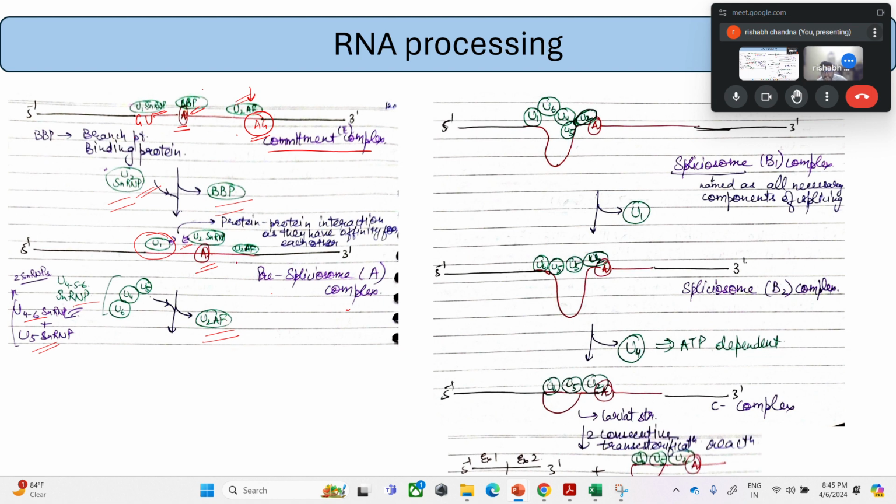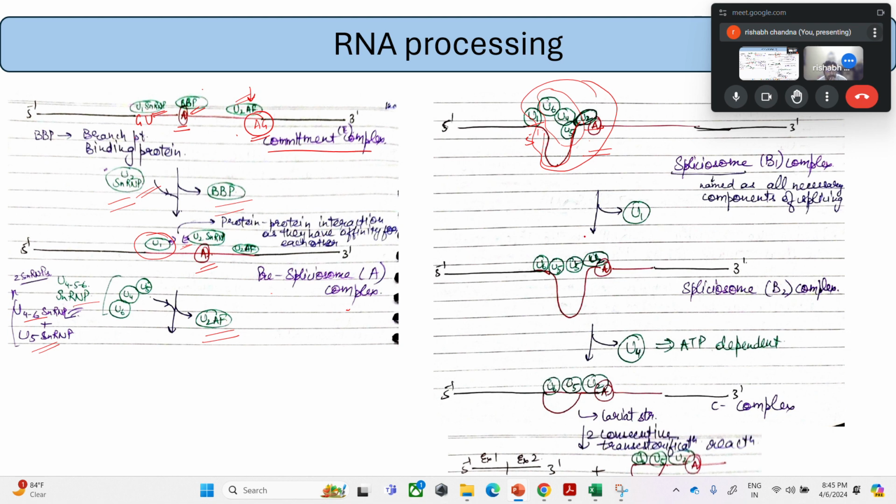Now these three snRNPs that were recruited combine with U1 and U2 snRNP and form a branch between the 5 prime splice site and the branch point. This is called the spliceosome complex when all the snRNPs are formed in the mRNA intron.